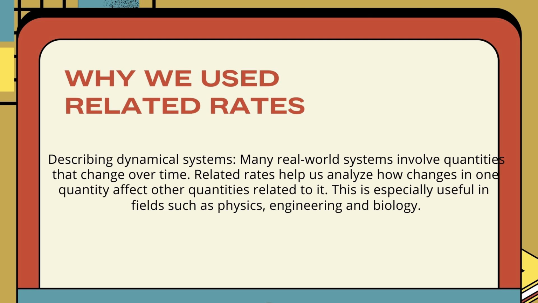This could be things like the position of a moving object, the volume of a growing organism, or the current in an electrical circuit. Related rates provide a powerful tool to analyze how a change in one quantity within a system affects other related quantities. This understanding is particularly valuable in fields such as physics, engineering, and biology.